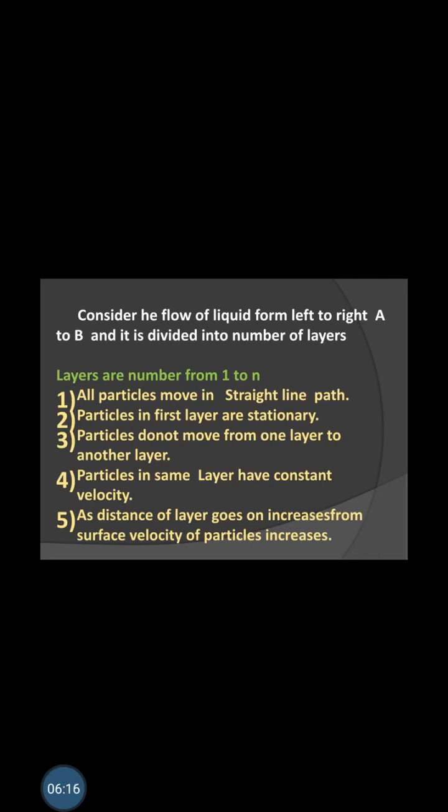Particles do not move from one layer to another; that is, a particle in one layer does not cross to another layer. Particles in the same layer have constant velocity. As the distance of the layer from the surface AB increases, the velocity of the particles increases.